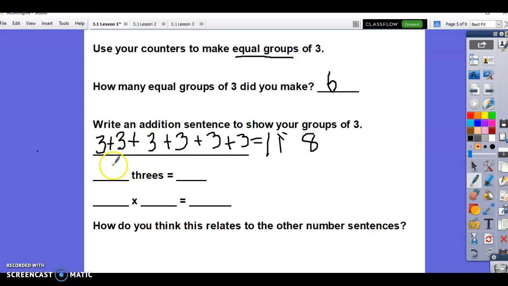Okay? So now I have how many groups of 3? 1, 2, 3, 4, 5, 6. So 6 3s equals 18. Now we're going to write this as a multiplication equation. This is the big 3rd grade part. I'm so excited. Okay, so think for a second, and I want you to think about what would go here as our multiplication equation for our counters?